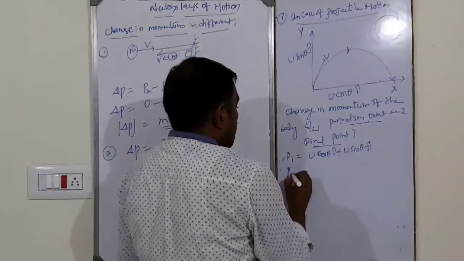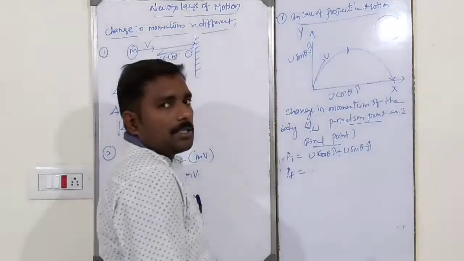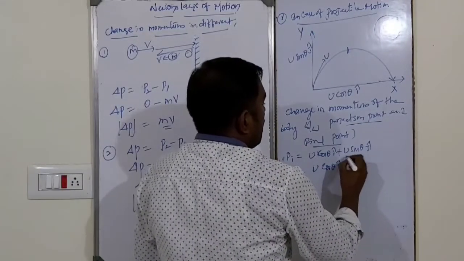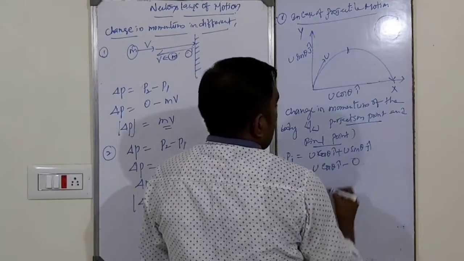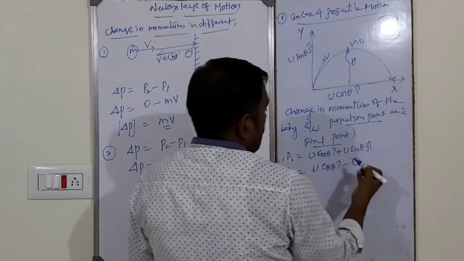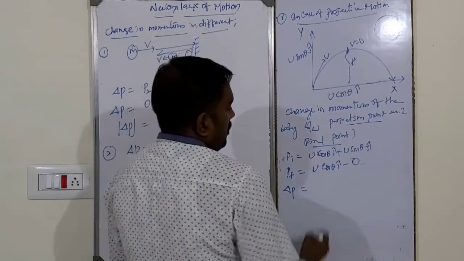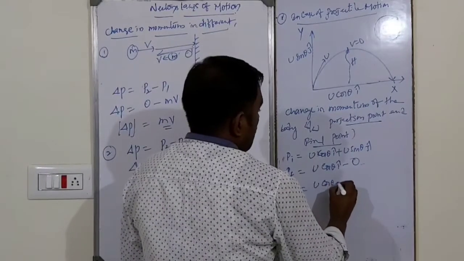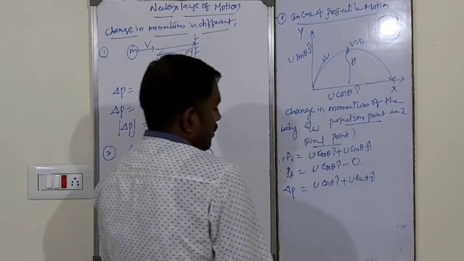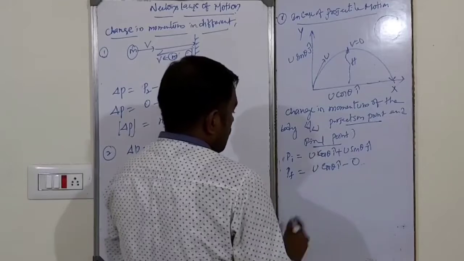And the final momentum, at maximum height, has only the horizontal component, the vertical component will be 0.